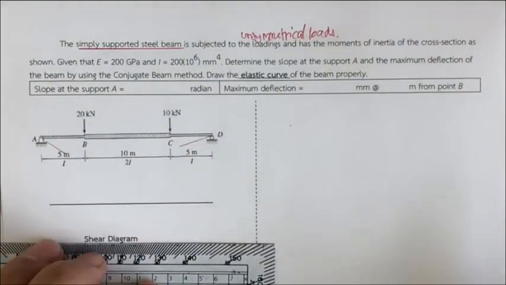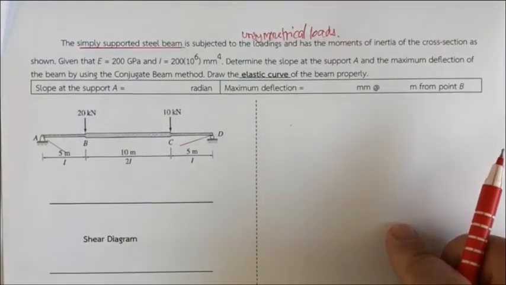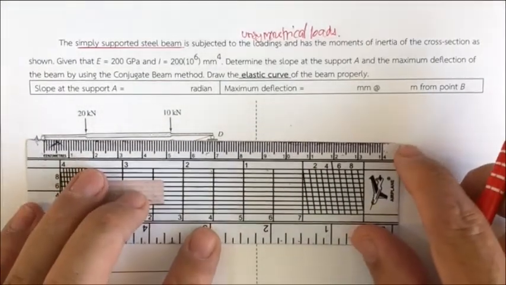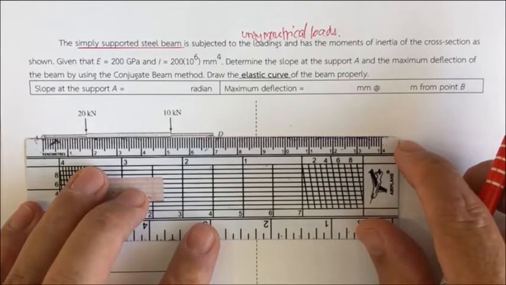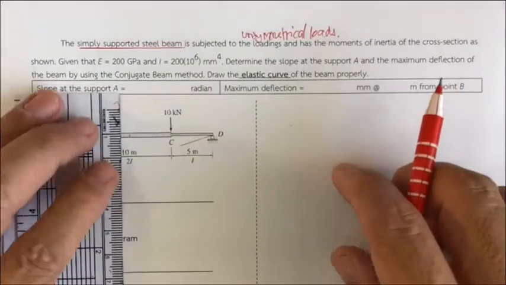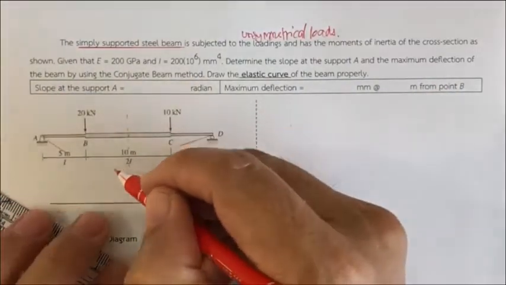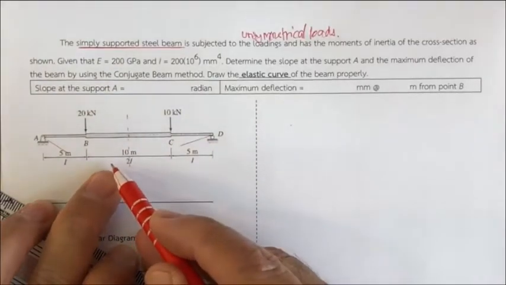And then the elastic curve that we're going to have is going to have some maximum deflection pretty close to the middle of the beam, but not at the midspan. It should be somewhere around here.